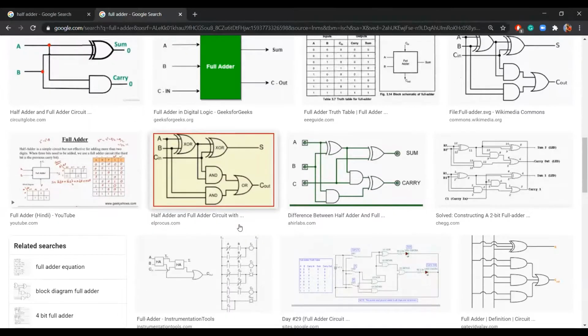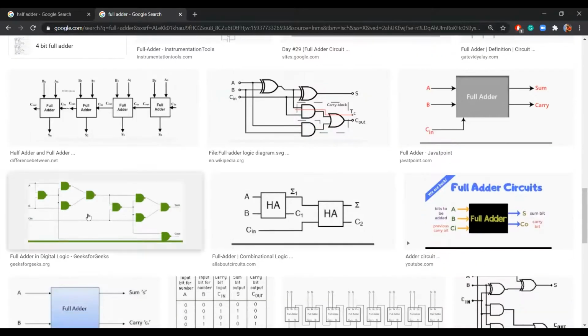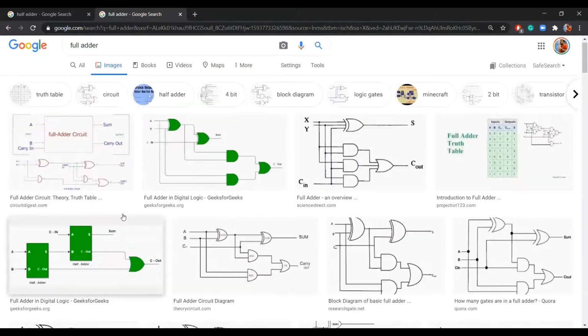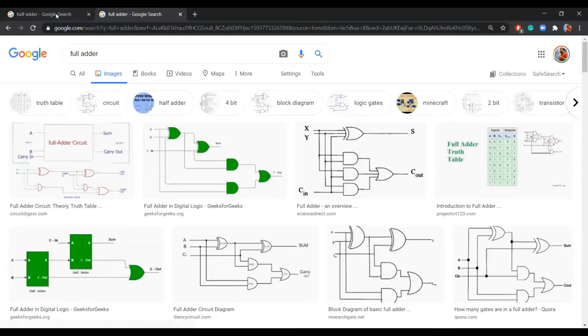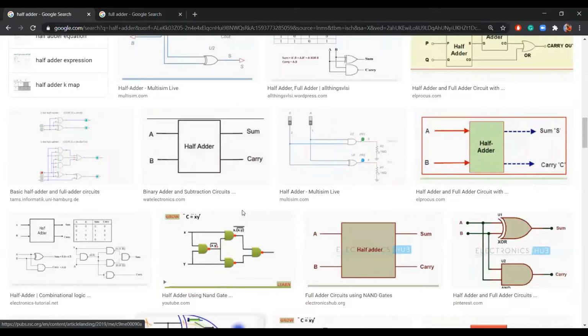What I'm trying to imply here, look at this one, these are NAND gate based full adders. This is not the only way of making it which we have discussed, but that is the easiest way. That is why I was insisting at first that you should see how many inputs and how many outputs there are, and then pay attention to the names of the outputs.